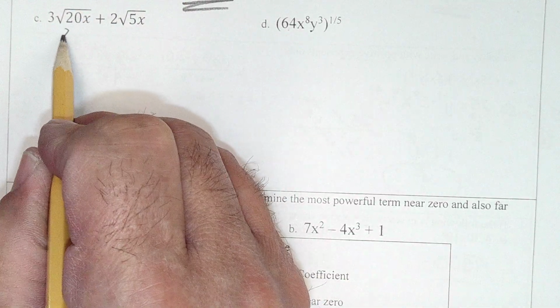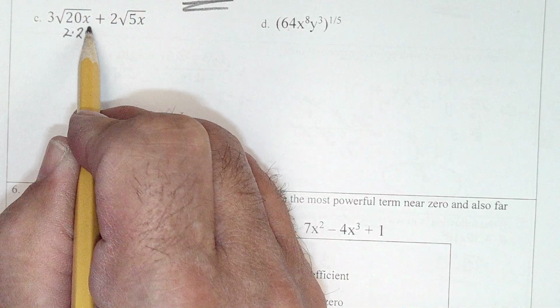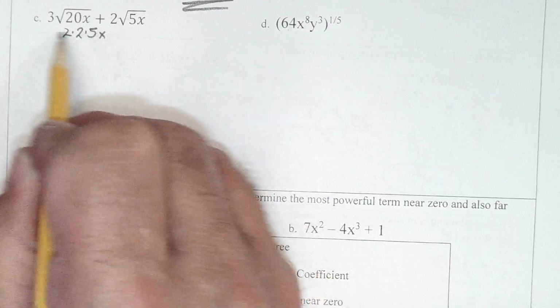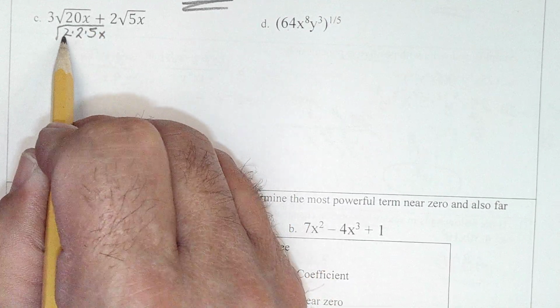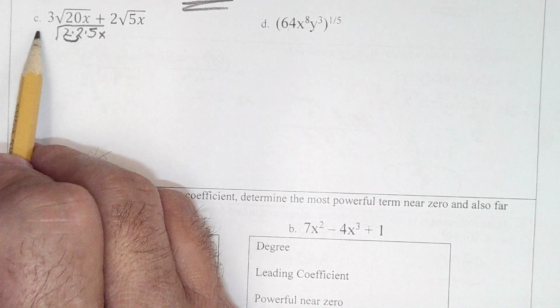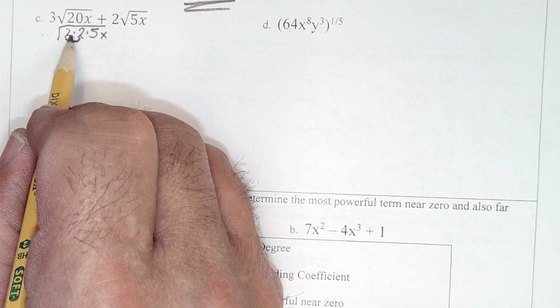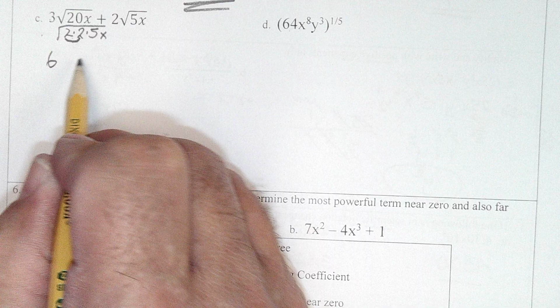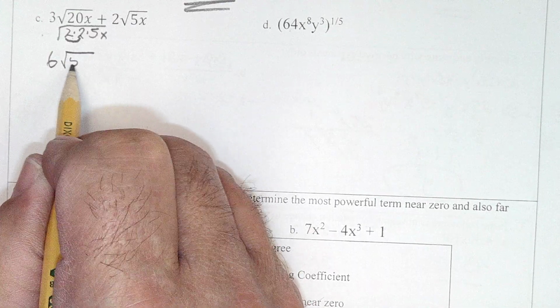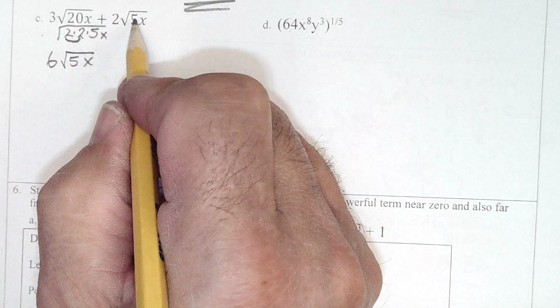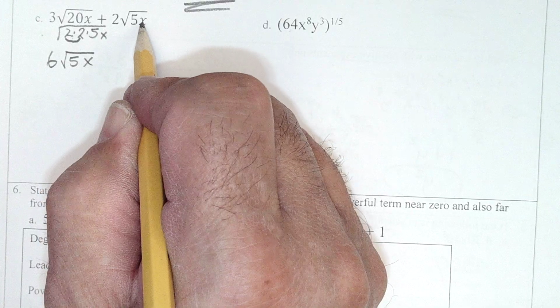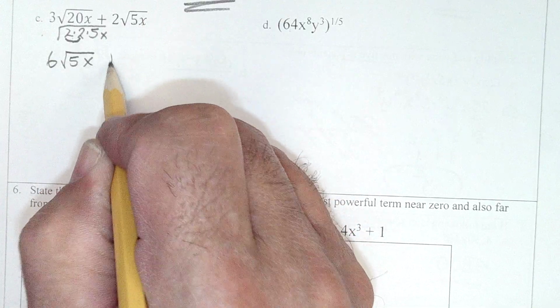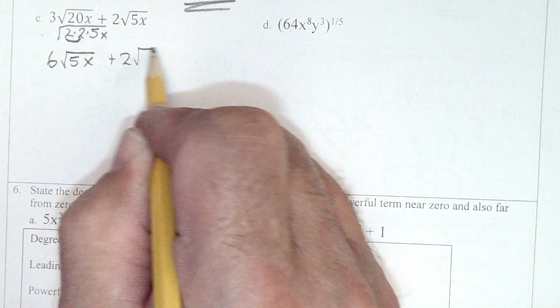20 is 2 times 10, which is 2 times 5. And that's under square root, so I'm looking for pairs. Pair of 2's is a 2, so I got 2 times 3. And the 5 doesn't break down, x doesn't, so I got plus 2 of these.